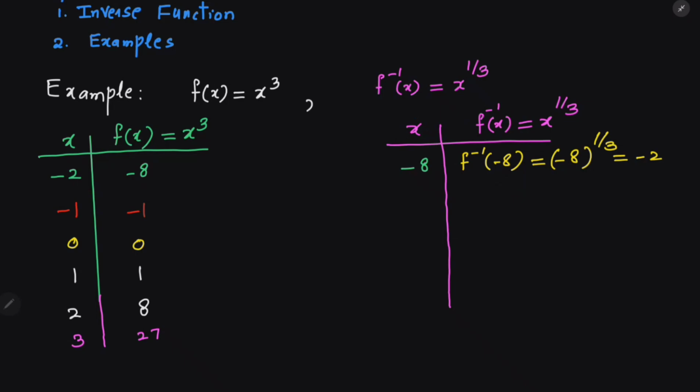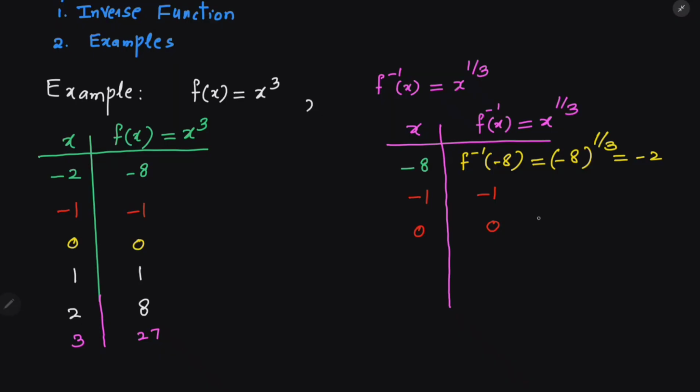This is not a mistake. We will talk about that. When we have minus 1, we get minus 1 in the inverse function. When we have 0, the inverse answer is 0.